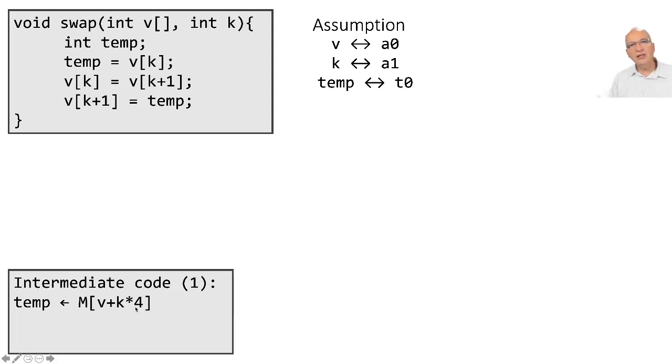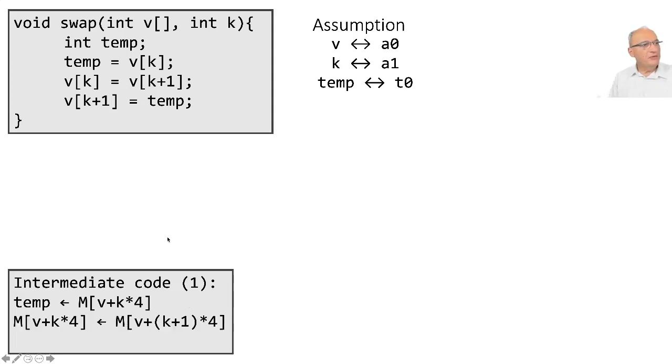You have to think that memory is an array of bytes, and each byte occupies one address in memory. So what I write inside the brackets is the value of the address that I need to access. I do not need to multiply this value by anything anymore because I already multiplied k by 4.